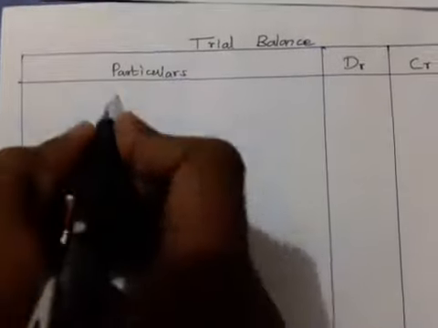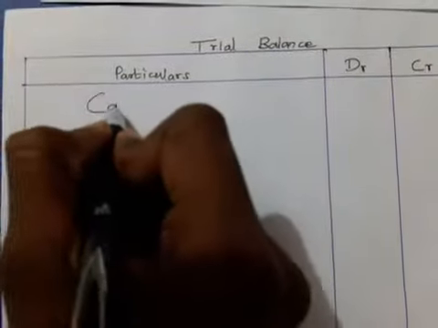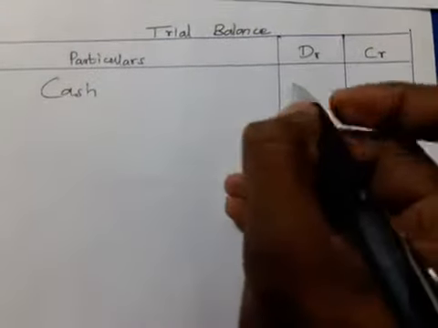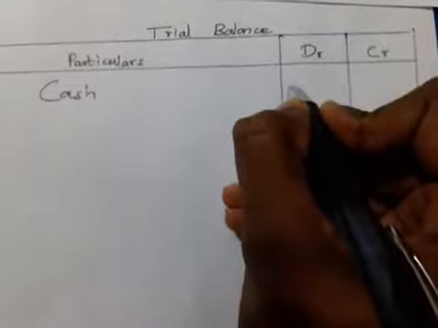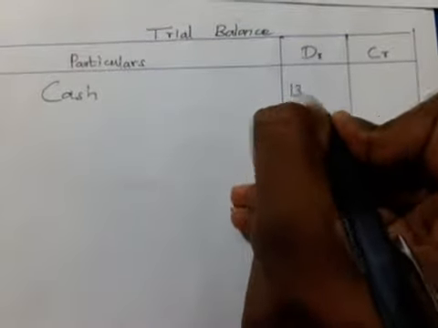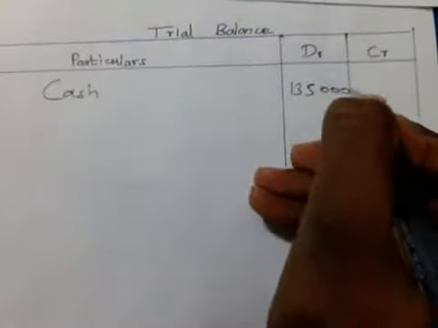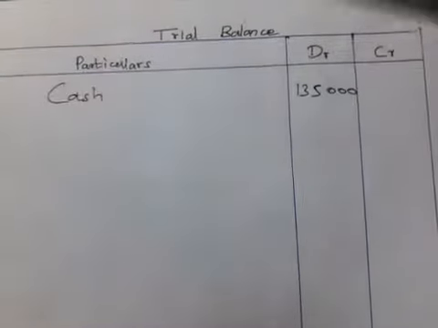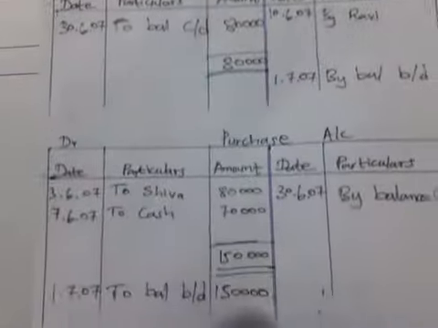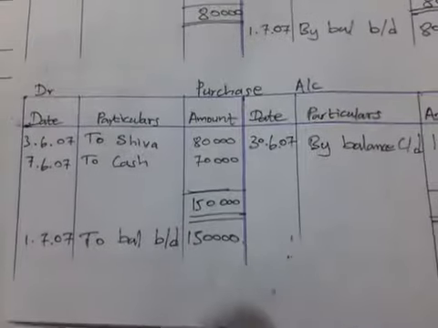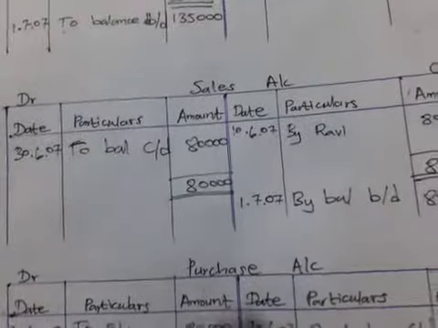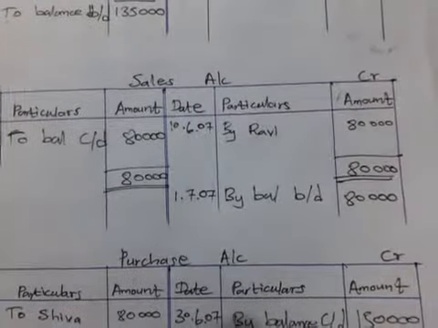So first, cash, debit side, 1,35,000. The second one, we found the sales account balance on the credit side, 80,000.